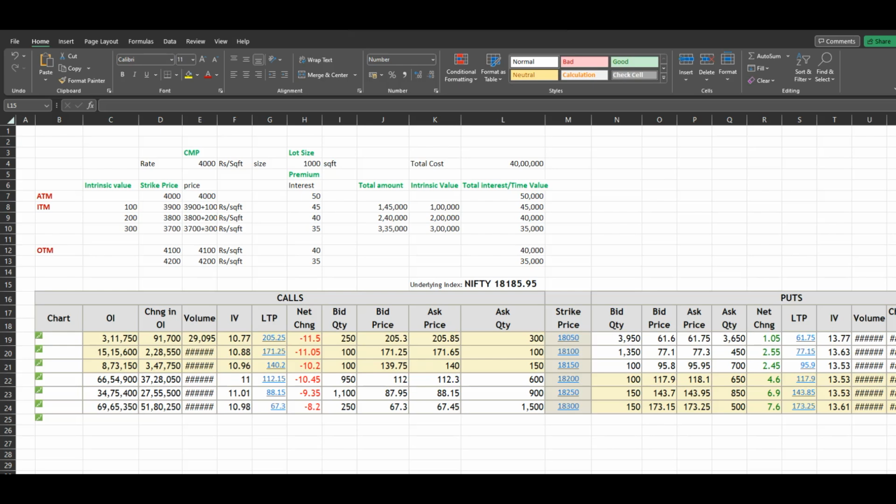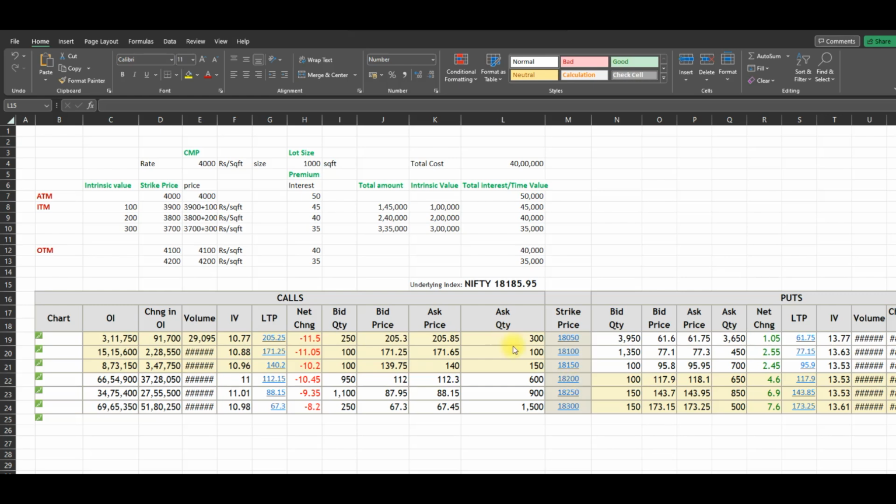I have copied the option chain details from the NSE website for comparing with our example. The current market price is 18,185. In our example, I have shown it as 4,000. The strike price which is nearest to 18,185 is 18,200. So that is ATM, for both the call side and put side.